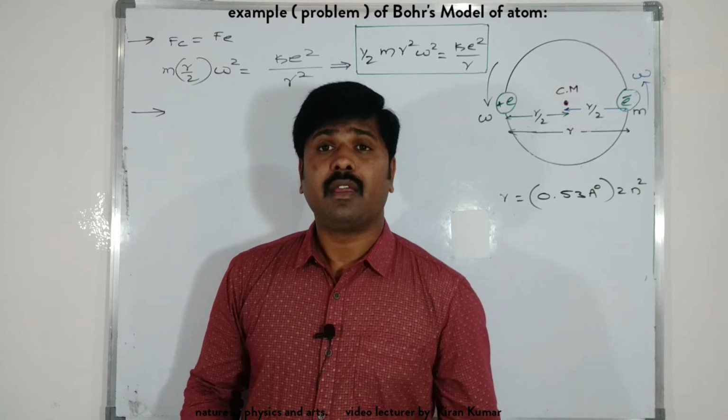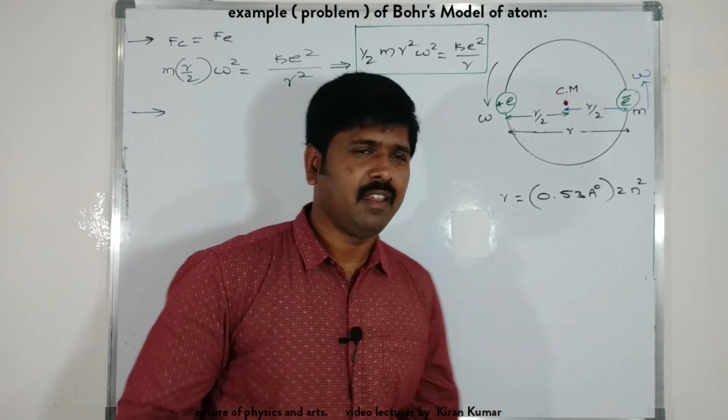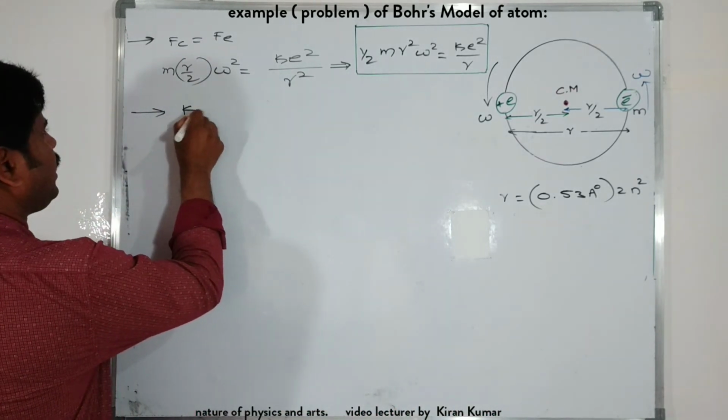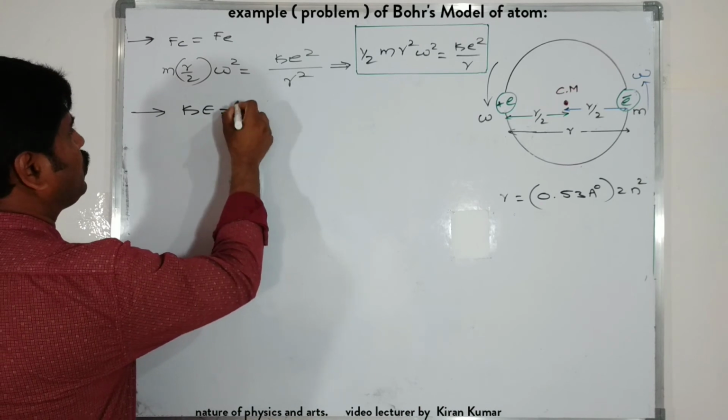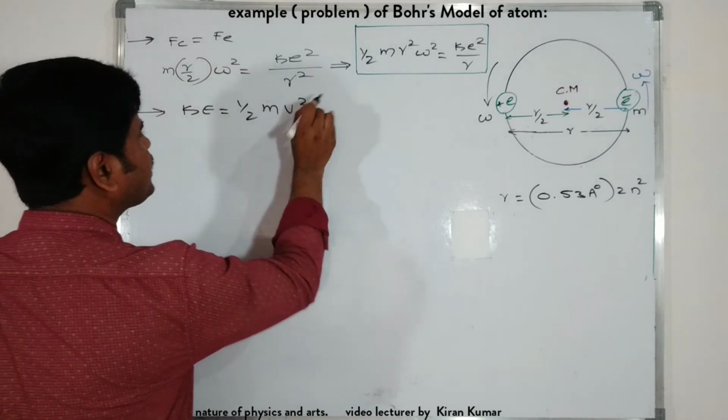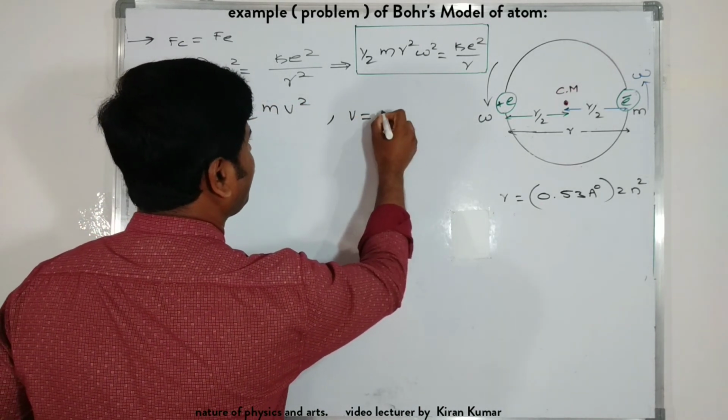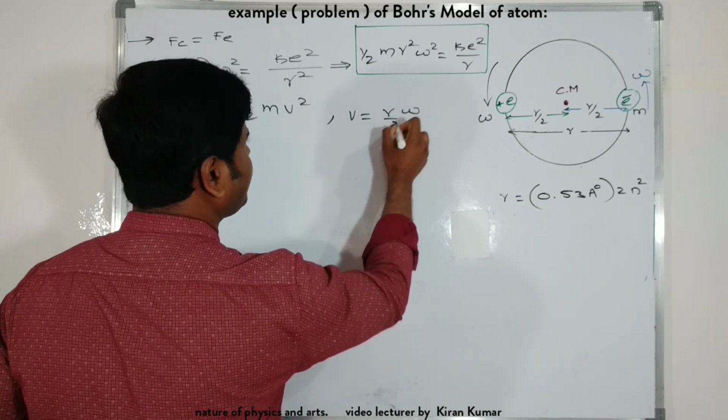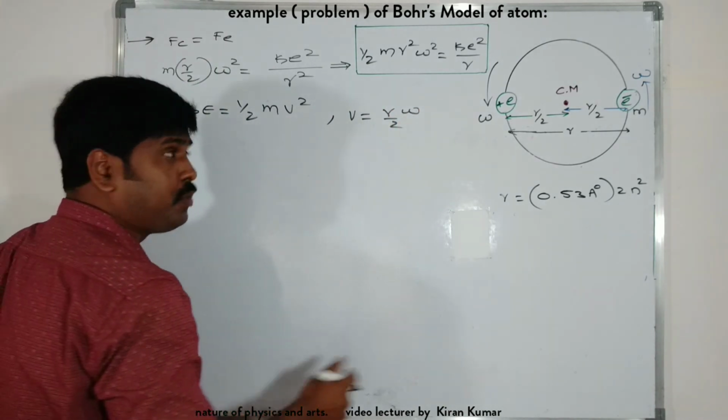Second one is kinetic energy of the system. See, for kinetic energy, Ke is equal to 1 by 2 mv square, where V is equal to r omega, but r is equal to R by 2. Try to understand.